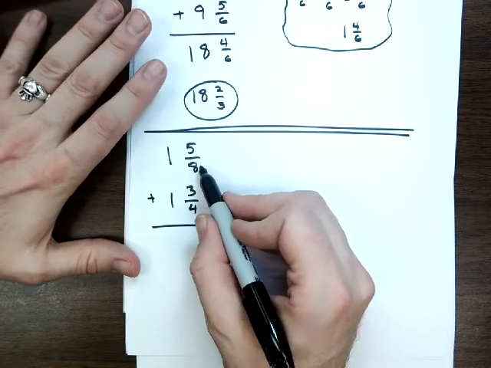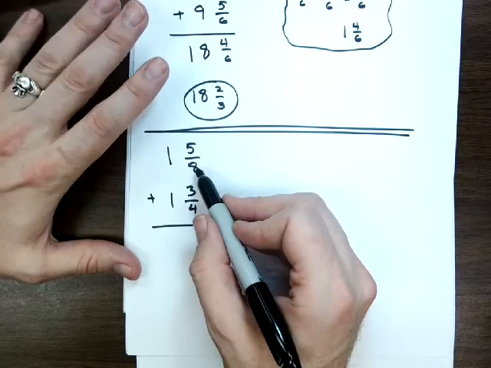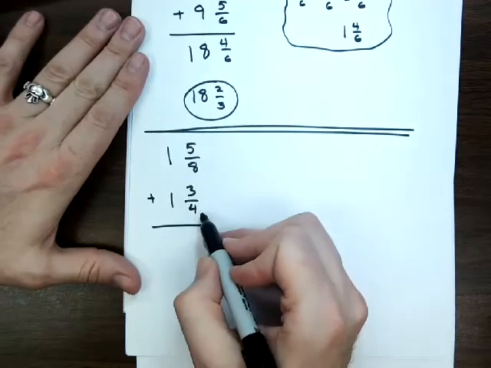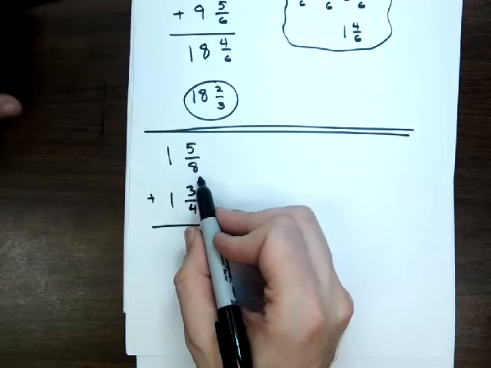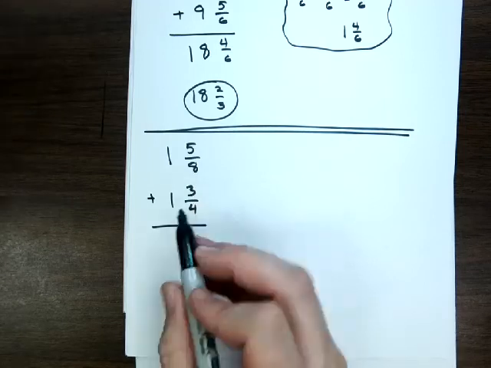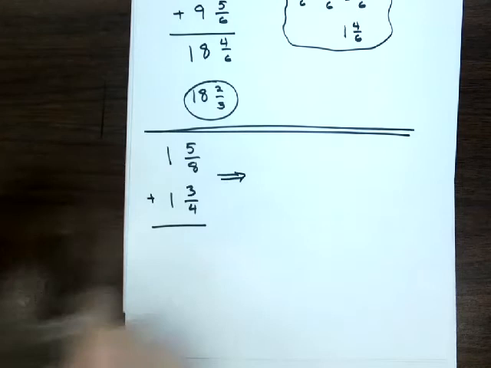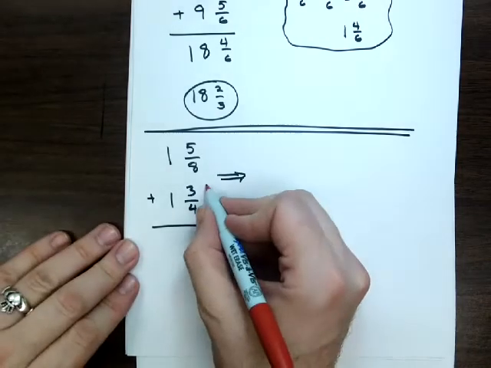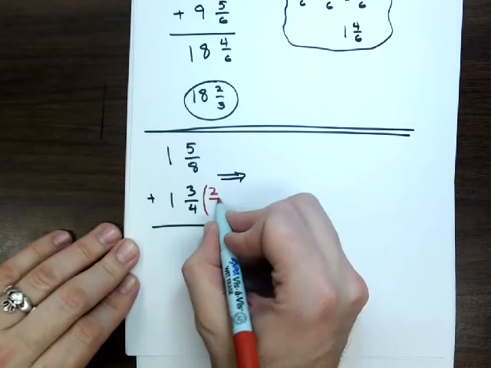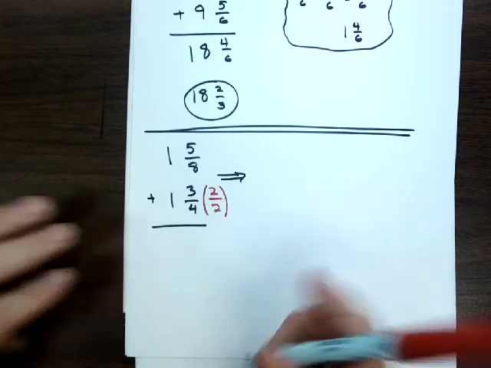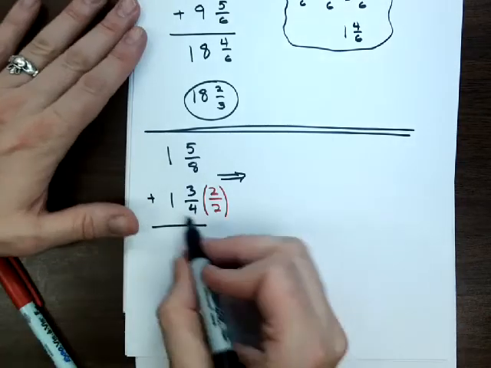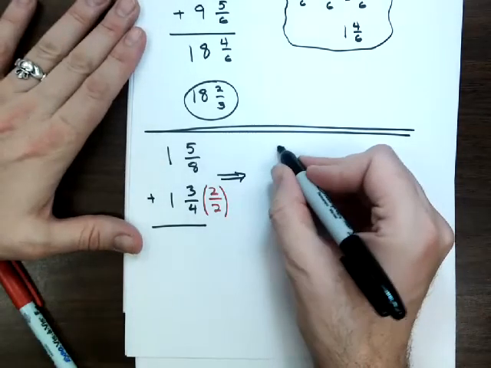I'd have 8 and 16 and 24. Actually, all of those are multiples of 4, so I don't need to do a thing to that 8. But I do need to convert my fourths into equivalent eighths. So I'm going to multiply that by 2 over 2. That's going to give us an equivalent we can work with.